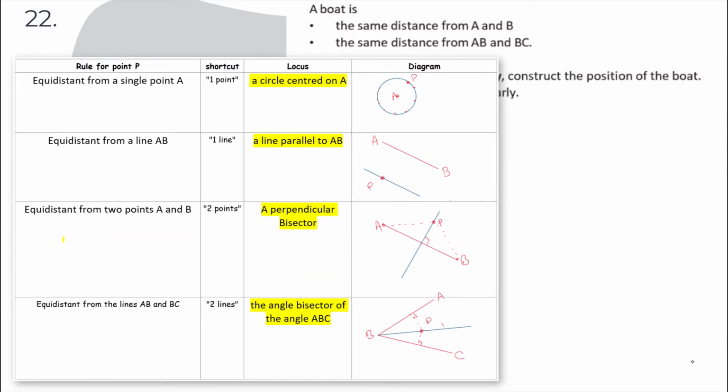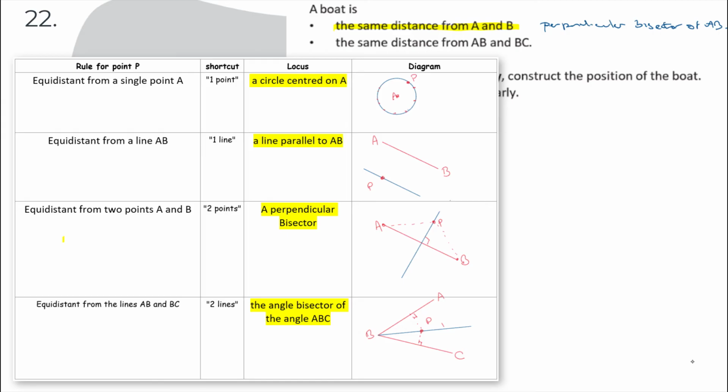Now, the same distance from A and B, what's that? That is the perpendicular bisector of A and B, isn't it? So we need to construct a perpendicular bisector of AB. That is the locus of that one.